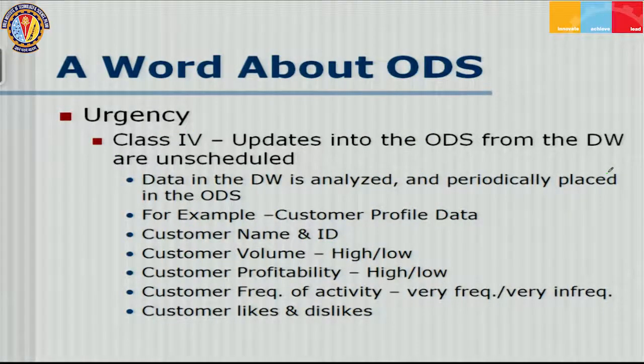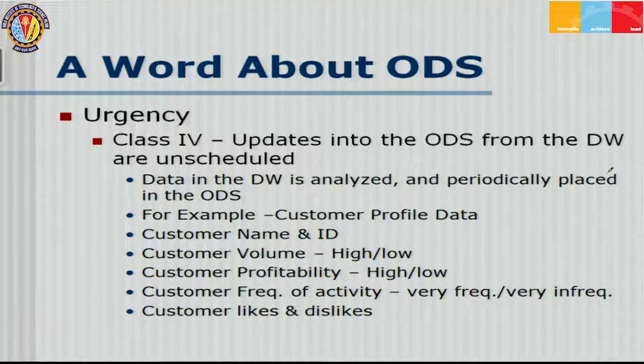So data in the data warehouse is analyzed and periodically placed in the ODS. Say, for example, customer profile data. Different customers have been buying products and they have a kind of behavior, right? This behavior is analyzed, and a profile of a customer is built in the data warehouse.